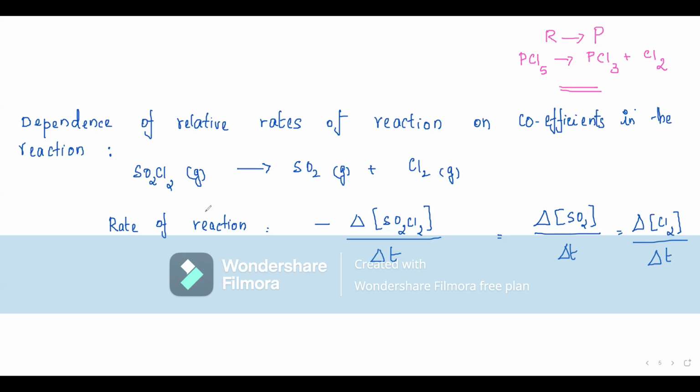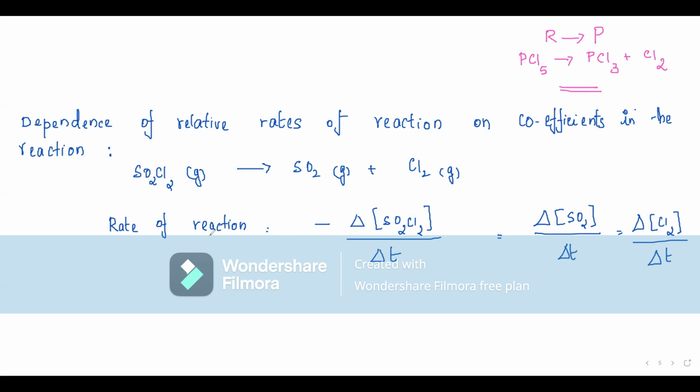This is one example for the similar reaction. 1 mole of something decomposes to give 1 mole each of two products. SO2Cl2 is giving you SO2 plus Cl2. Sulfuryl chloride is giving you sulfur dioxide and chlorine. Simple reaction.